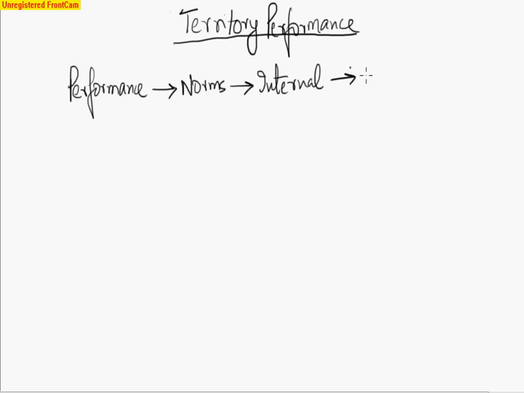So as we said, there are 4 ways to look at it. One is, of course, looking at the benchmarks and norms which have been set, looking at the internal comparison, and looking at the external. And external can be with other companies, or it can be competitive in nature.